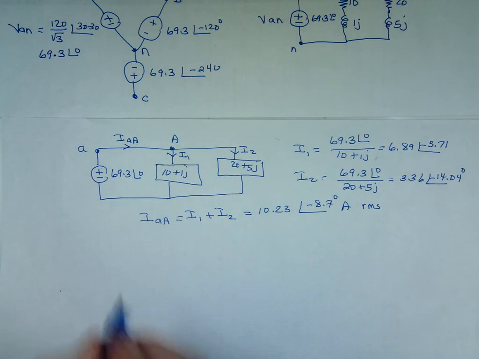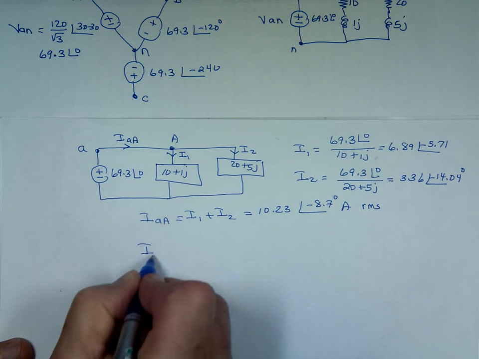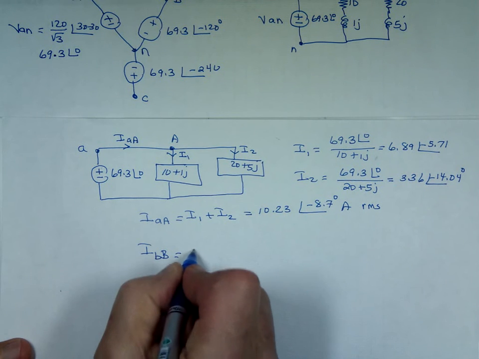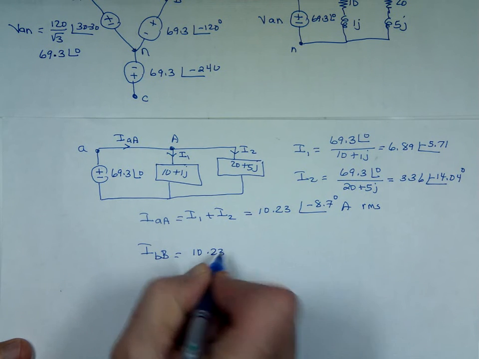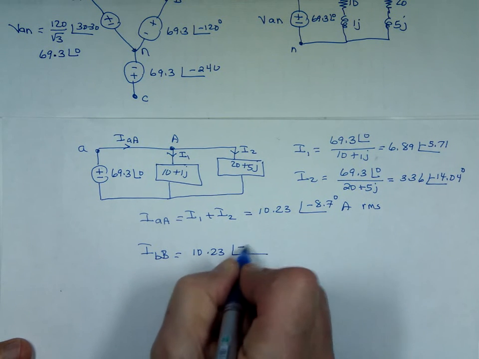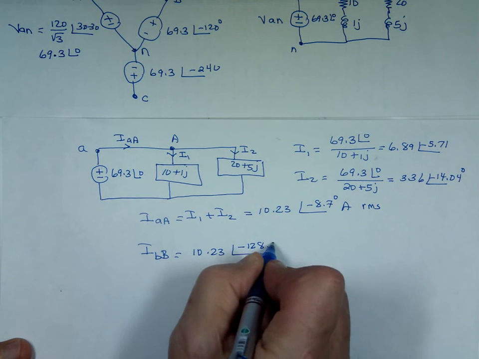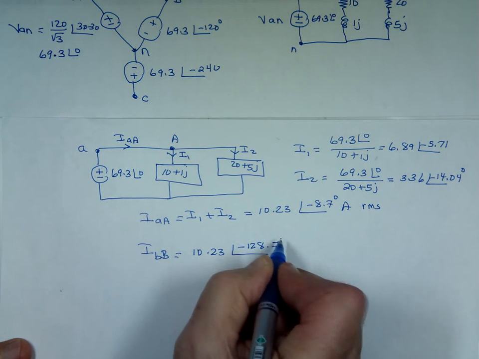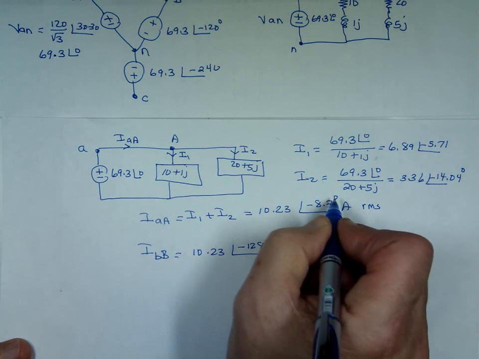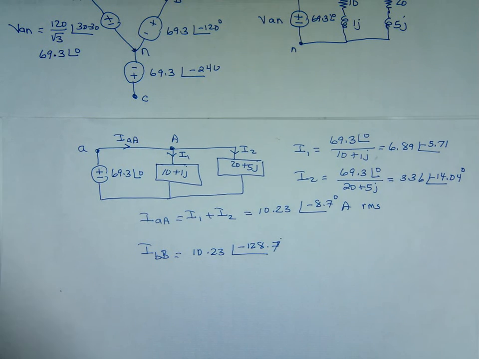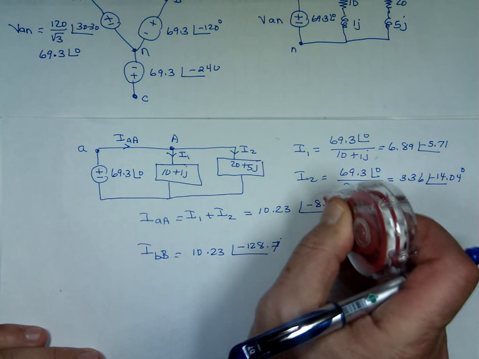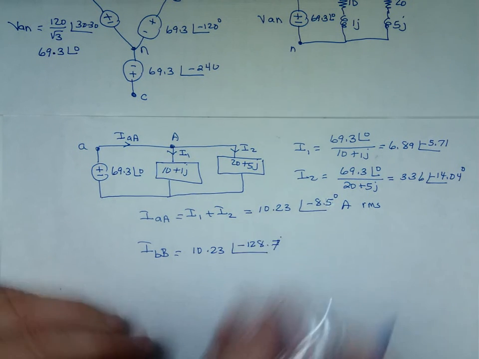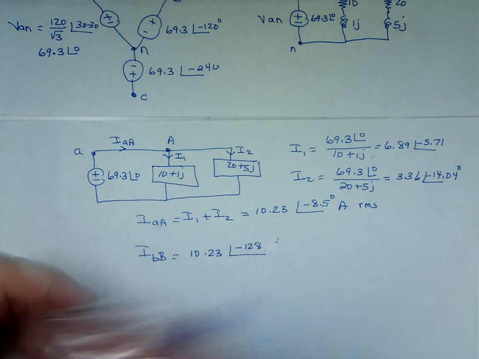Once I know I sub AA, can I find I sub BB? Again, subtract 120 from that. Negative 128.7. I think that's a 5, not a 7, but I can't really see in the dark. My eyes are not the best.